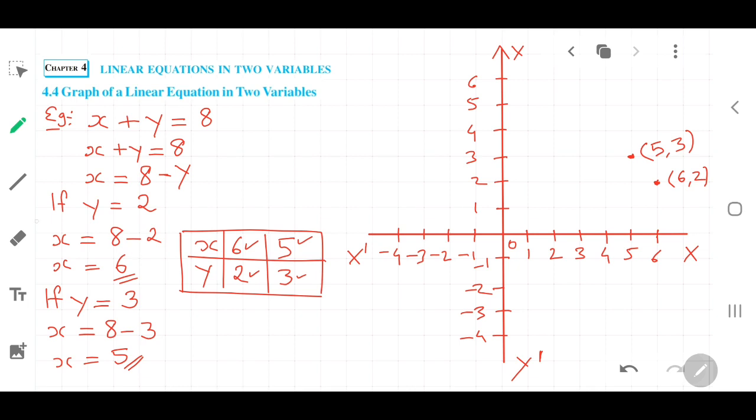Then what you have to do, you have to join these 2 points, and always you remember, when you join, it should give us a straight line. So in that way we already joined, correct?